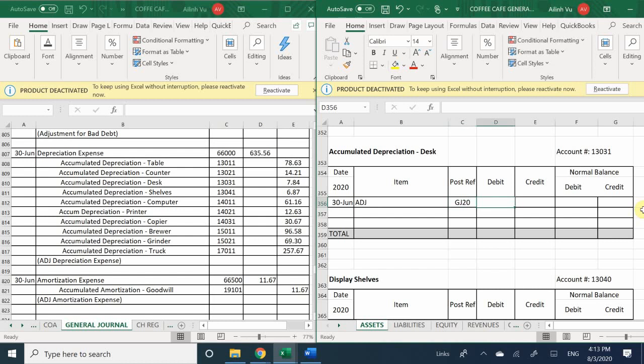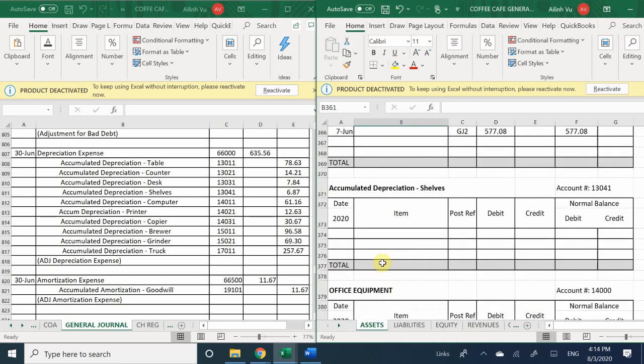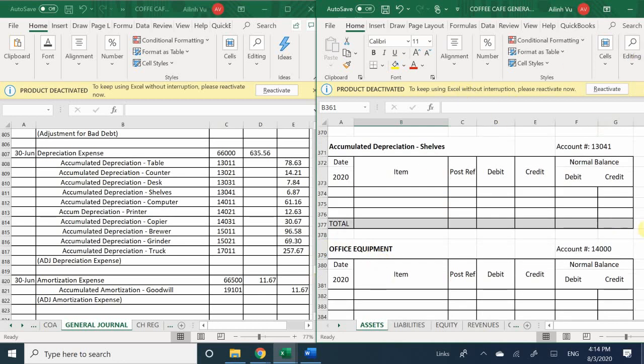Accumulated depreciation for my desk set is going to be $7.84. Are you doing shelves right now? Yes, it is $6.87. Okay, hold on, I'm not there yet. Adjustment, General Journal 20 for $6.87.